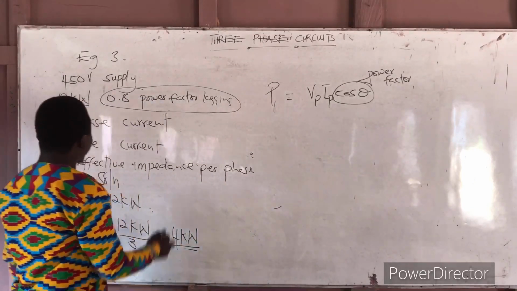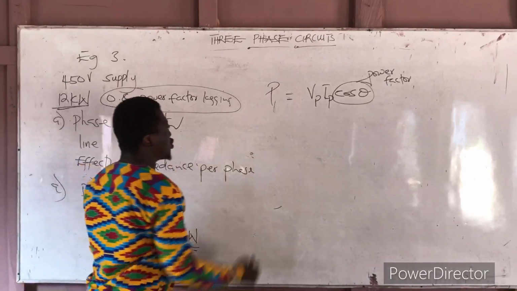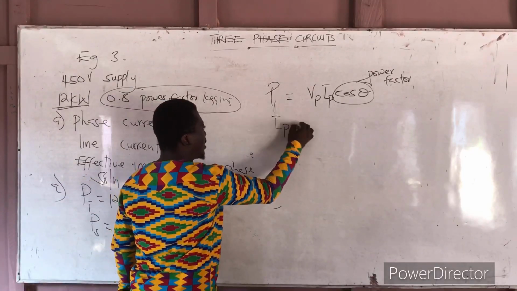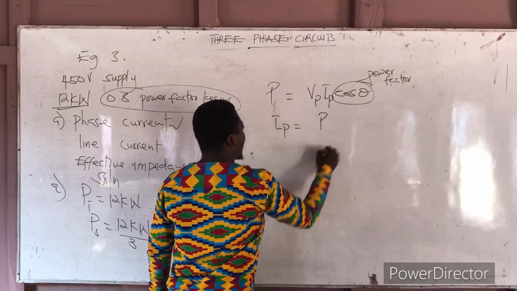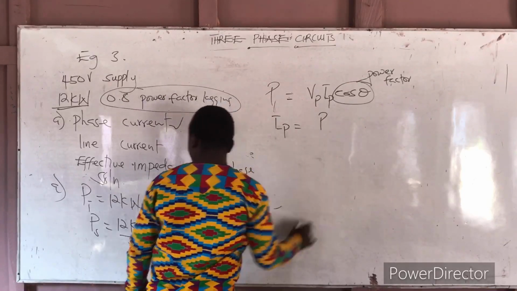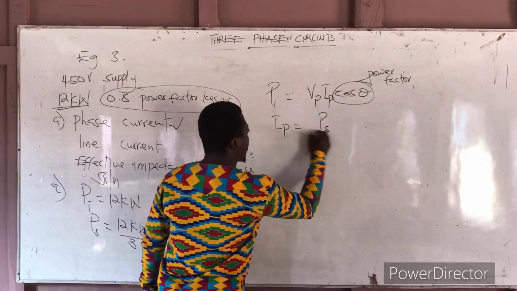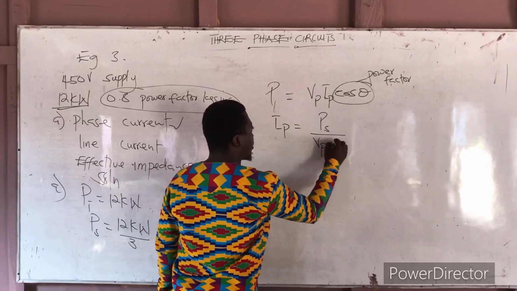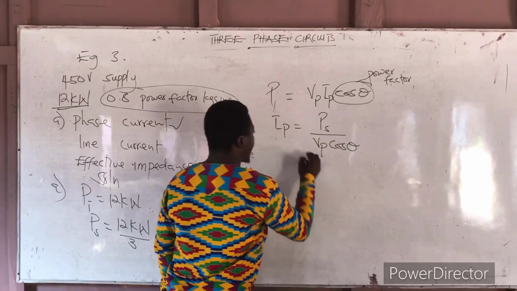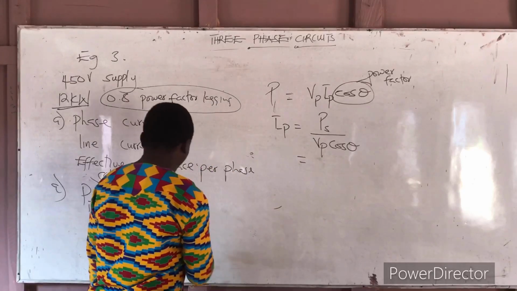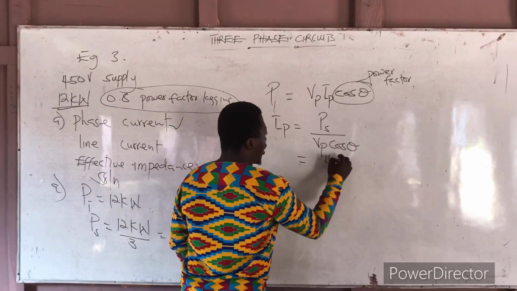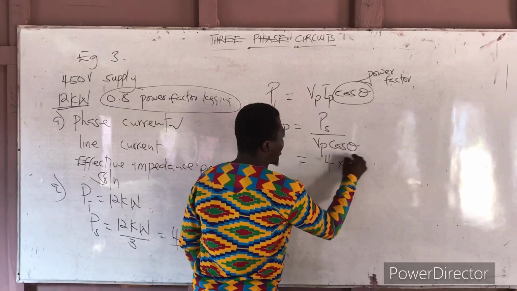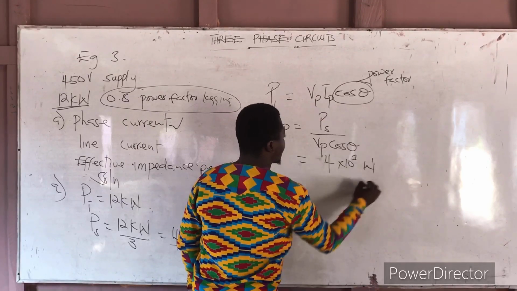So the question said we should find the phase current. So IP is going to be equal to the power in the single phase, all over VP cos theta. The PS is given to be 4 times 10 to the power 3 watts.